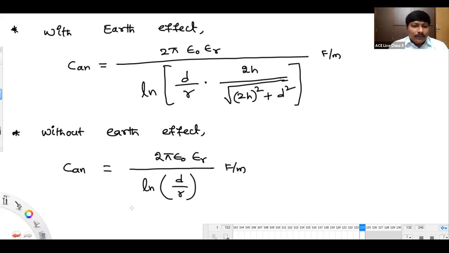This is the formula we have written in the previous case: 2 pi epsilon naught epsilon r by ln of d by r.